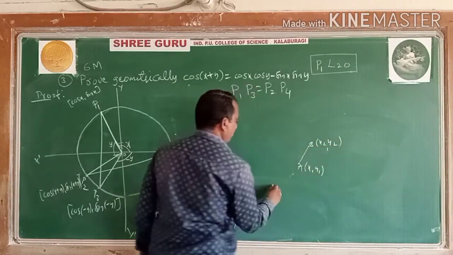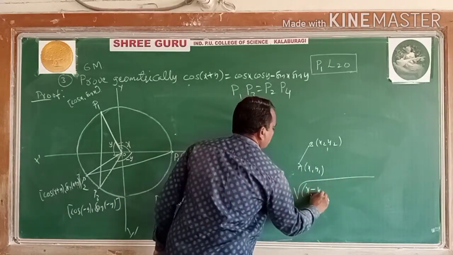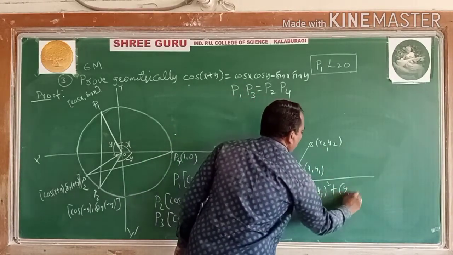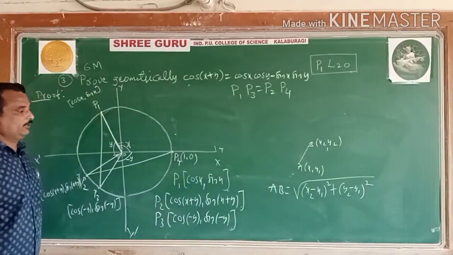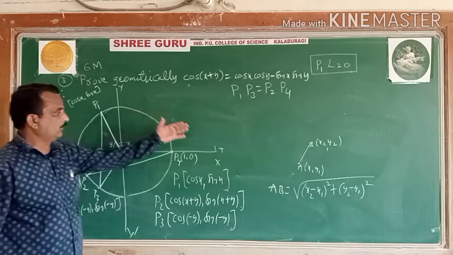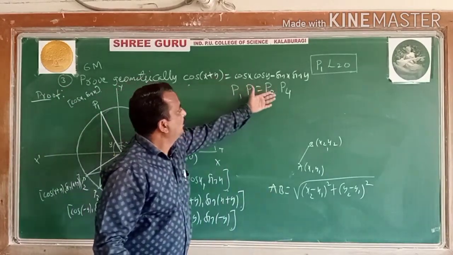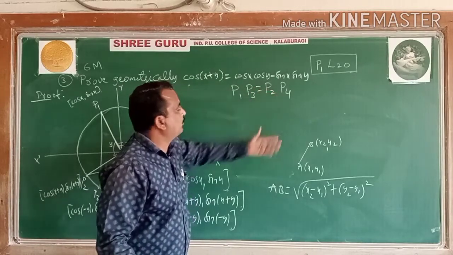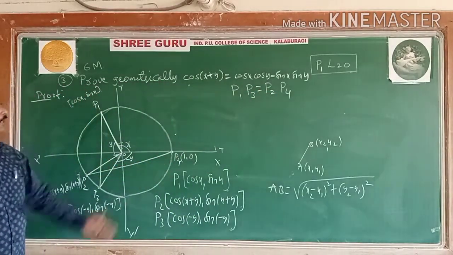What is the distance formula? The square root of x2 minus x1 whole square plus y2 minus y1 whole square. Here I will use it for P1P3 and P2P4, and I will calculate that here.